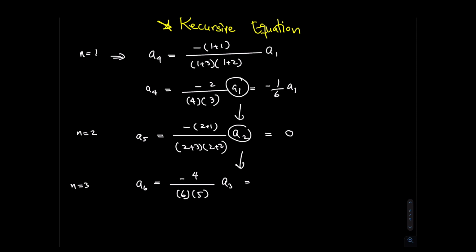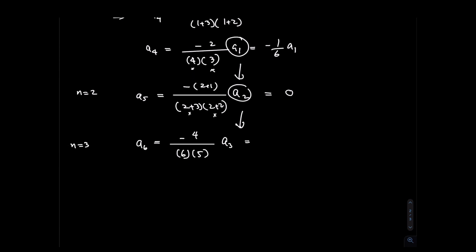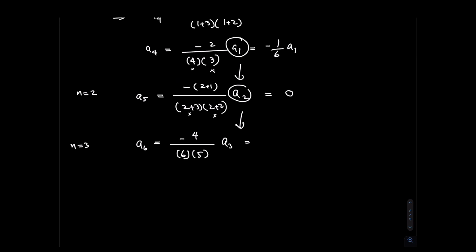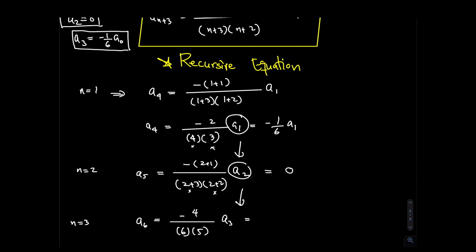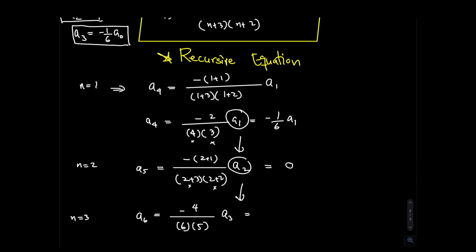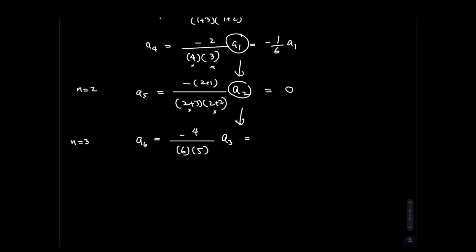Here you're going from 4 and 3, and then to 5 and 4, so obviously the next one will be 6 and 5. So you really don't need the recursive relation to figure out what the numbers are going to be for the constants. You could just look at the pattern. And what's A3? A3 is minus 1/6 A0. So if I multiply all that out, my A6 will be 1/45 A0.